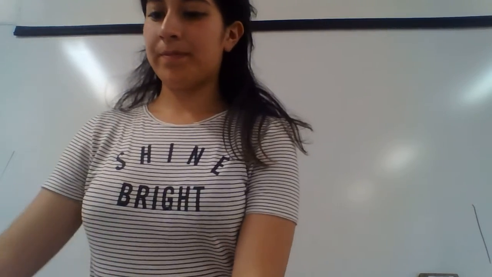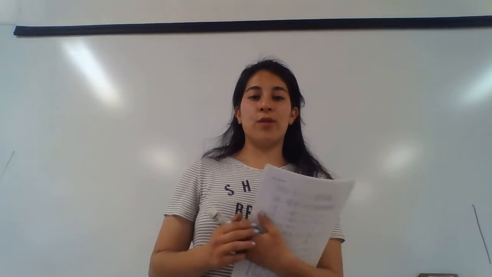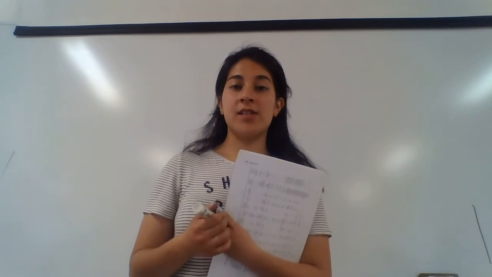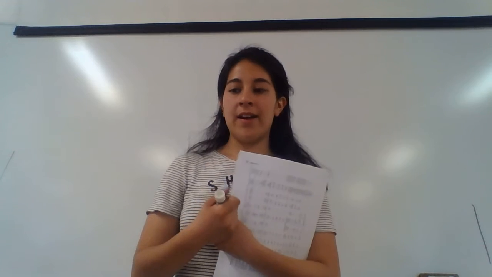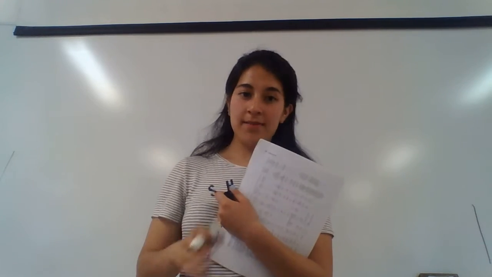So now, for the first part, we have to look for the constant R value for air, and in this case we have to look it up in the tables A1.